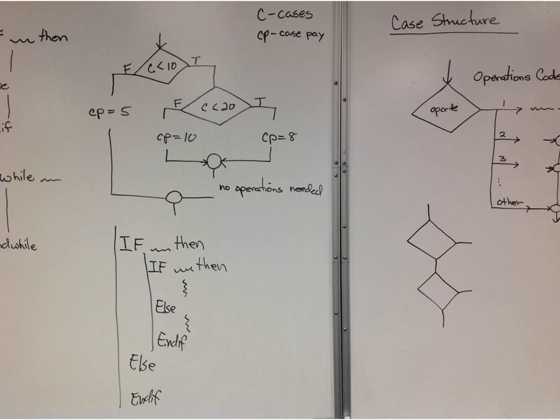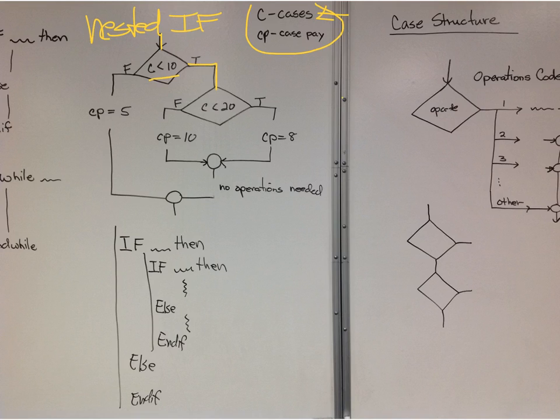Nested ifs. We have a conditional and a conditional. So we have this cases problem in which here's a little bit of a legend. We're going to input, somewhere up here we inputted cases, and I checked, is cases greater than 10?